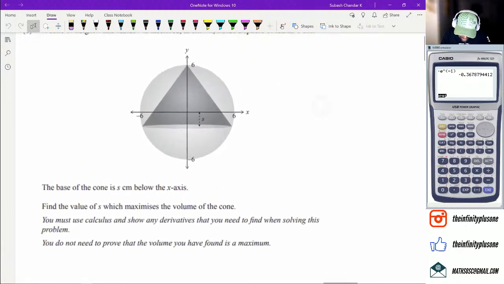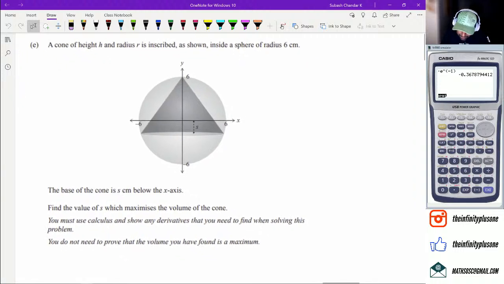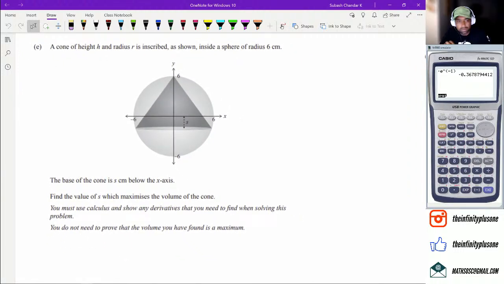All right, guys. So we've got this question here, which is basically what we've been asked to figure out is what maximizes the volume of the cone, right?